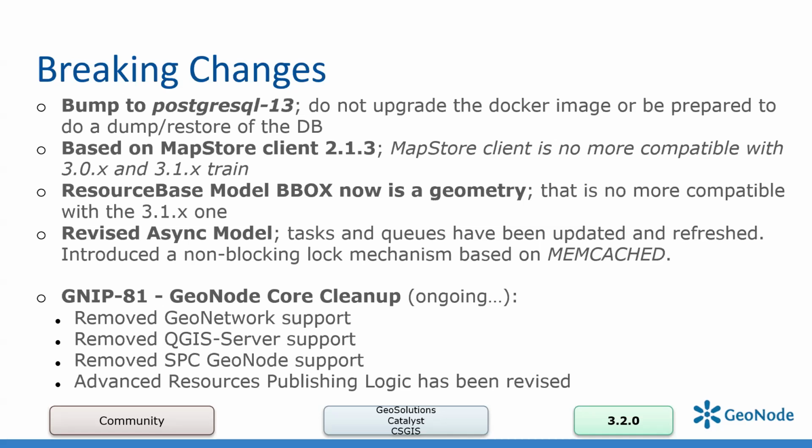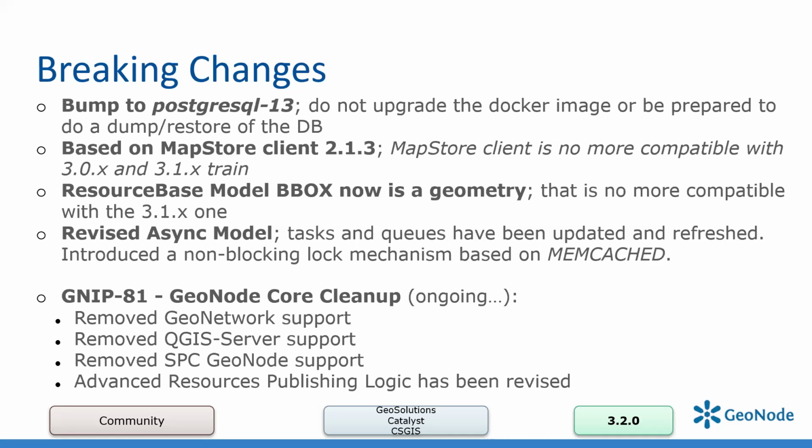The new MapStore client 2.1.3 that I just described. There is a breaking change on the resource model. Before, in the older version, the bounding box of the resources was stored as an array of doubles. Now we changed it with the help of Catalyst, and now it is a GeoDjango geometry.